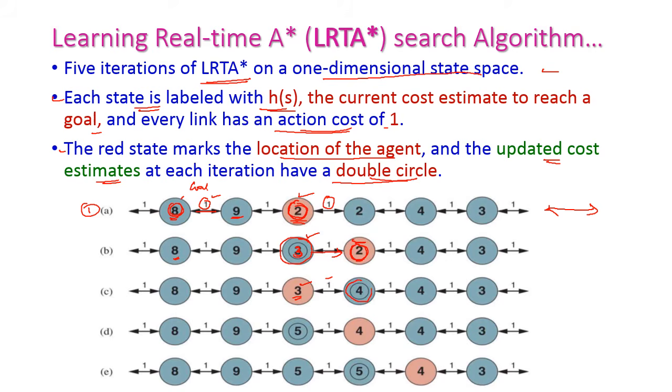Once it reaches the next node, the estimated cost is 4. That means from the previous it should be 5. Likewise it updates the cost of the previous node. From here the agent selects one of the actions to reach this particular state. From here it is 4, so from the previous it is of course 5, because 1 should be added, isn't it? So from the previous it should be 5 to reach the goal state.